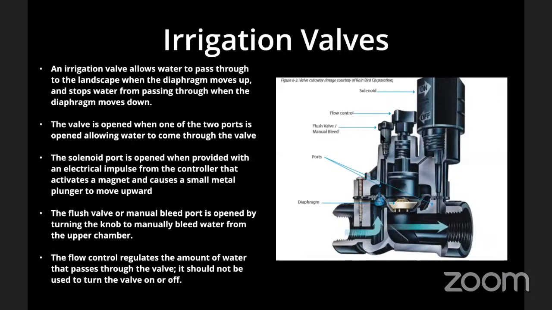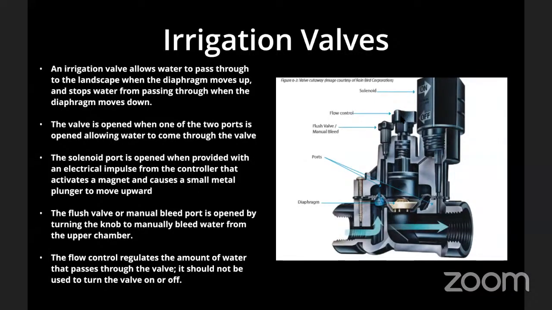So if for some reason the system's not working, you can do that. Occasionally, if the valve isn't closing all the way and there's a tiny bit of debris in it, you can also try to open that up to allow things to flush through, although that doesn't always work. So those are the two main ways of making the valve work.